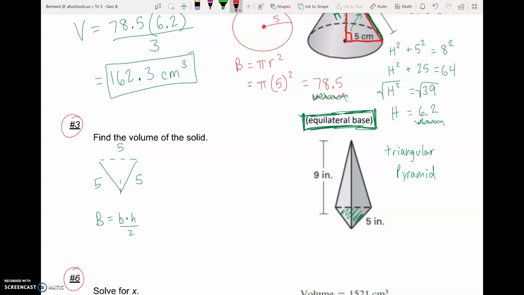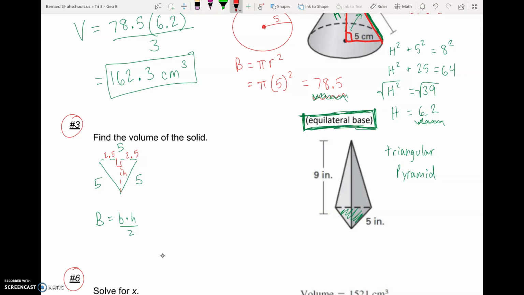Remember, we find that when we draw this dashed line in from one of the tips into the center of one of the other sides. It makes a right triangle and cuts our base in half. Half of 5 is 2.5, so both sides of that are 2.5. That line itself is my h, little h this time.